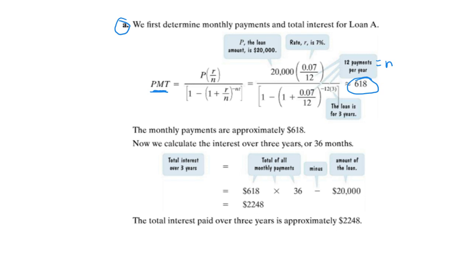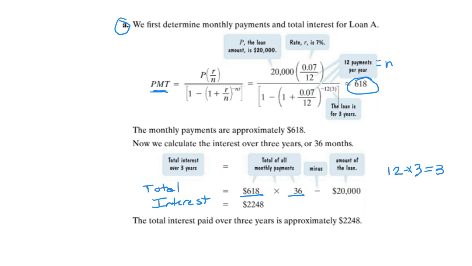That's the first part they wanted, the monthly payment. Then it says find the total interest. Let me write this down here. You need to take the monthly payment times 36. They came up with the 36 by taking 12 monthly payments a year times the number of years, which is 3.